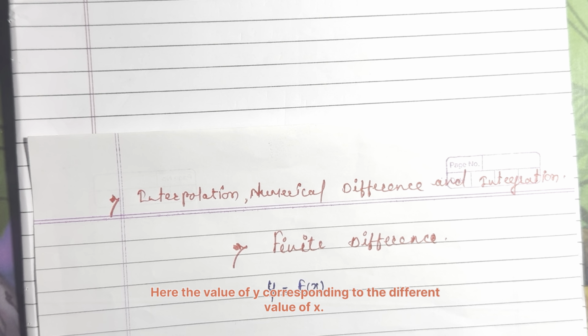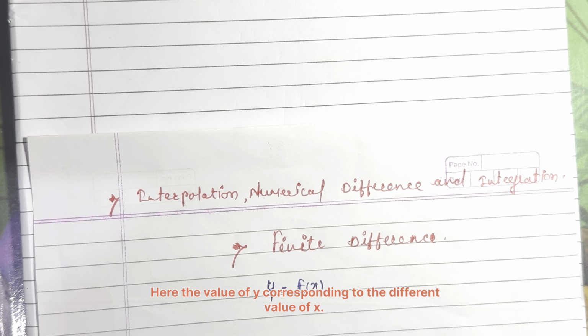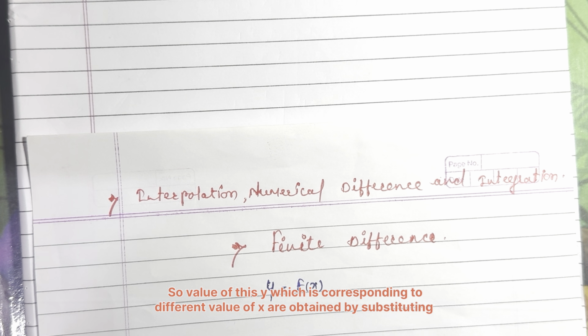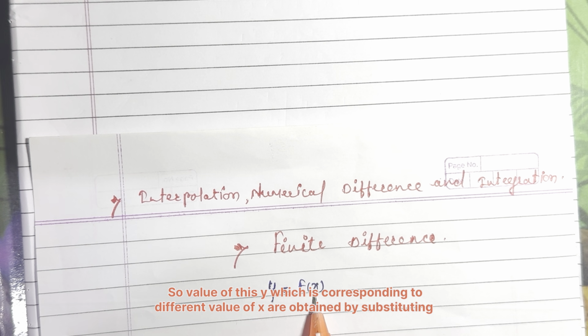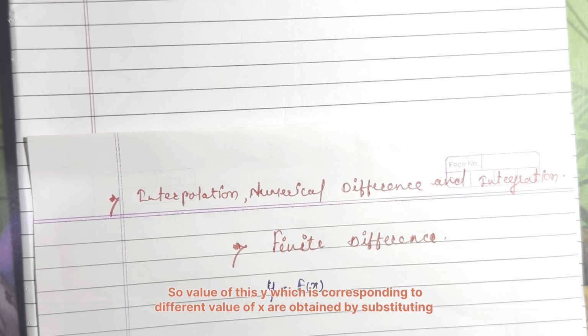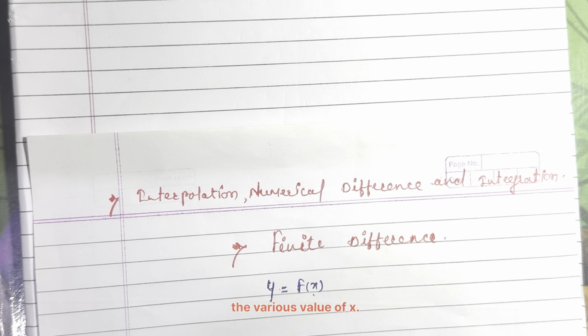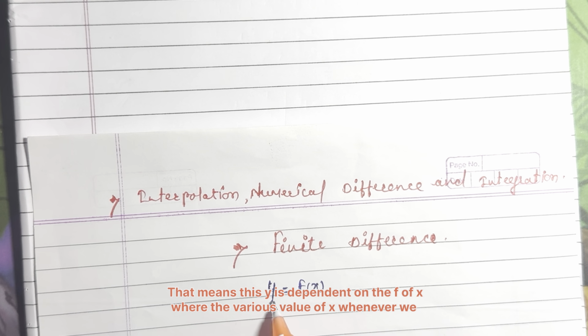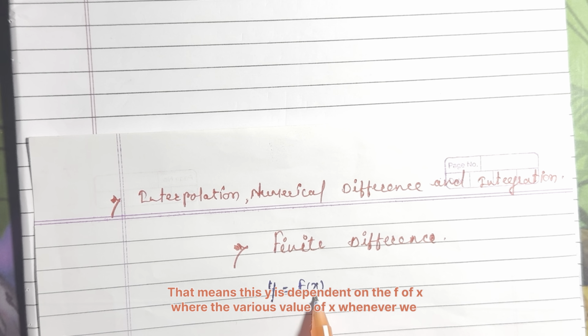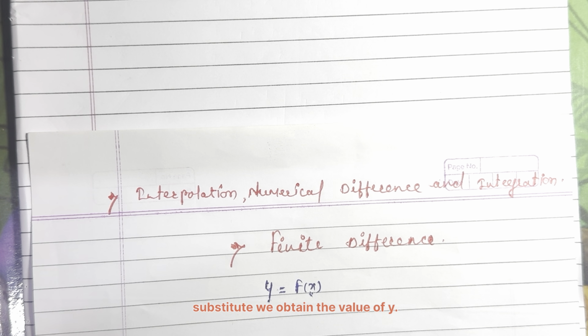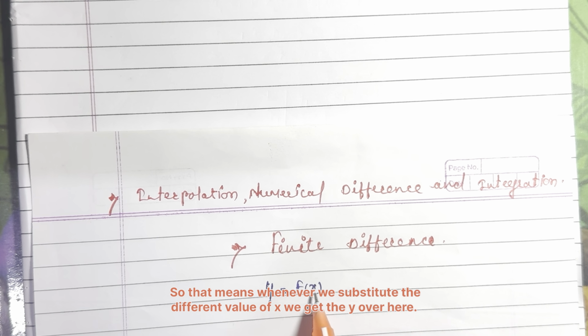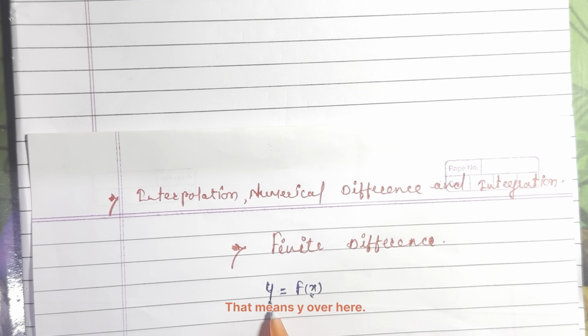Here, the values of y corresponding to different values of x are obtained by substituting various values of x. That means y is dependent on f of x, and whenever we substitute a different value of x, we obtain the value of y. That means y varies.